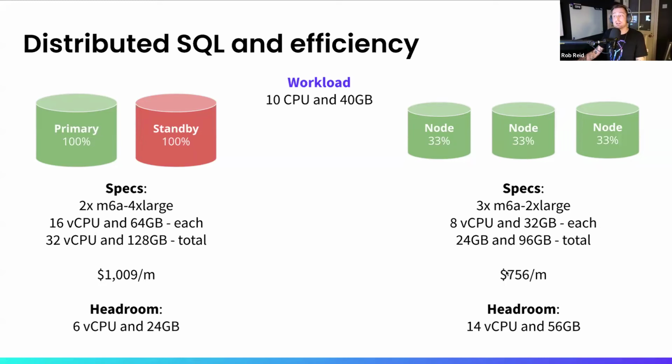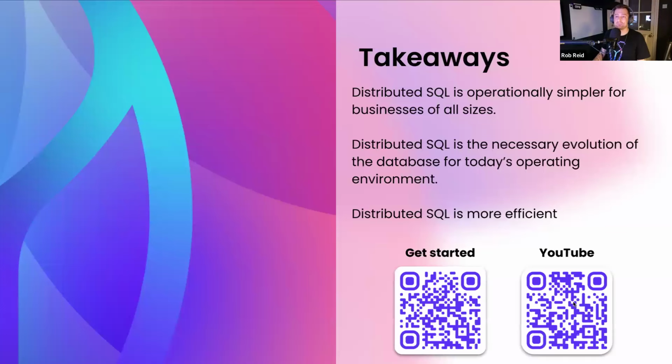And that will cost around $756 per month. And that's just a non-reserved, on-demand instance. And that will give you 14 CPUs of headroom and 56 gigabytes of headroom in terms of RAM. So essentially you're getting more bang for less buck and greater resilience at the same time.